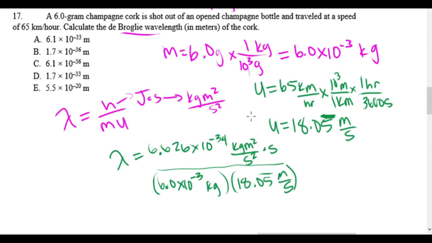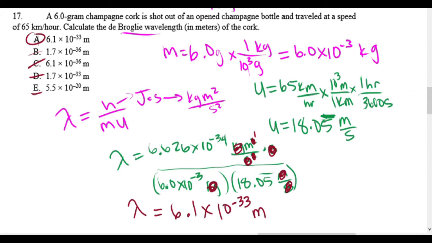So canceling units, we have this second right here. Let's do this in red like I have been doing. Second, second, second, second, meters, kilograms, kilograms. That gives us a wavelength equal to 6.1 times 10 to the negative 33 meters.